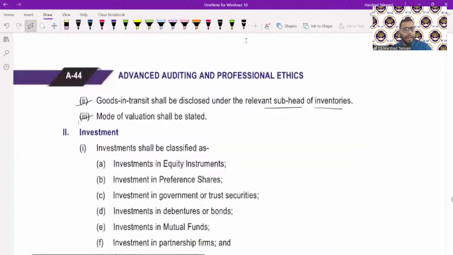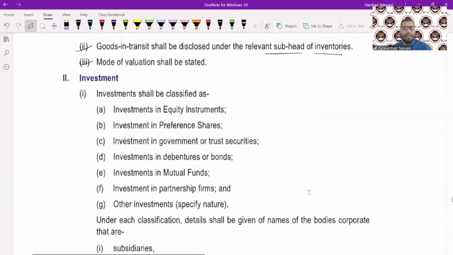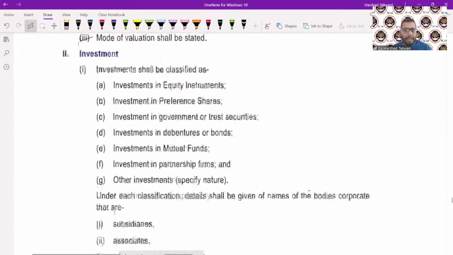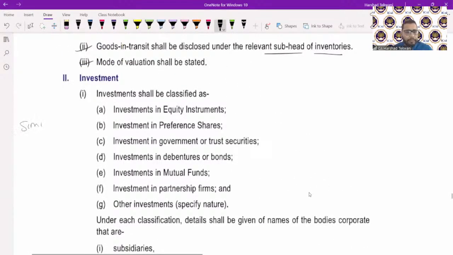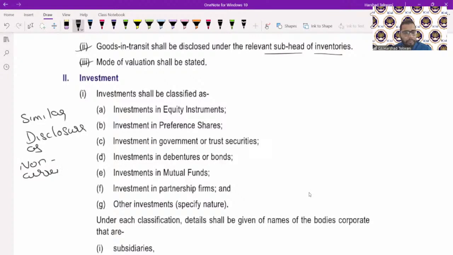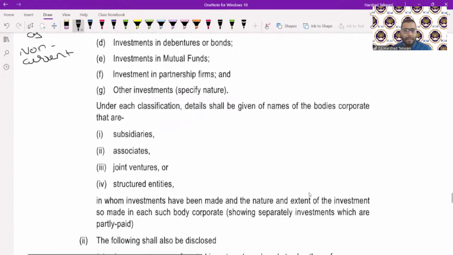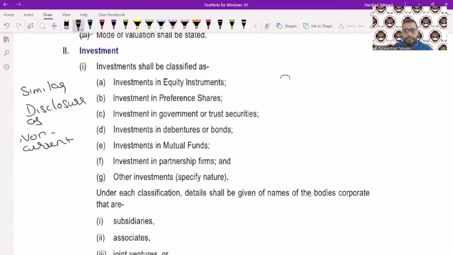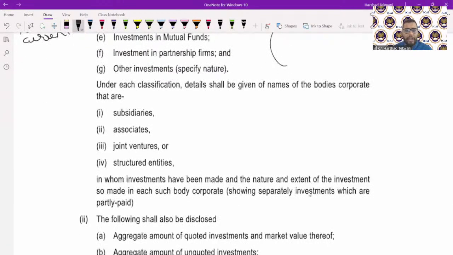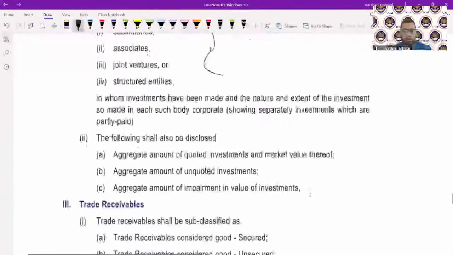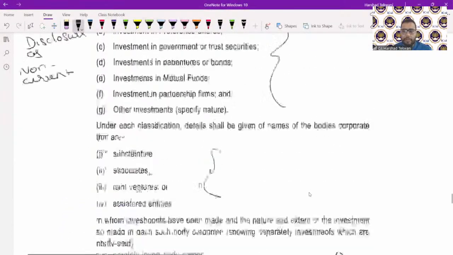Then coming to the next, investment. Similar to what we saw in the non-current, similar nature, similar disclosure. There is no change. Classification, then relationship, quoted, unquoted: three things.